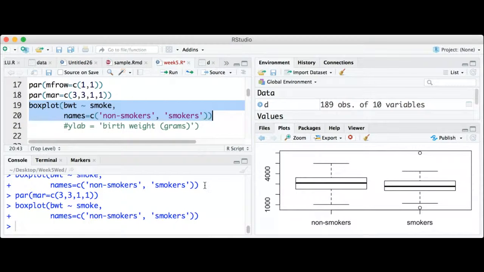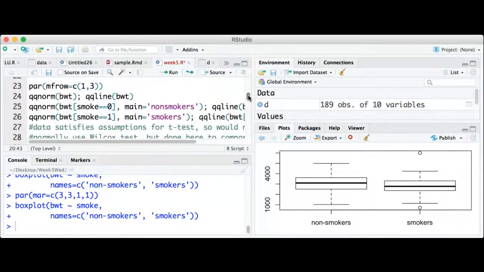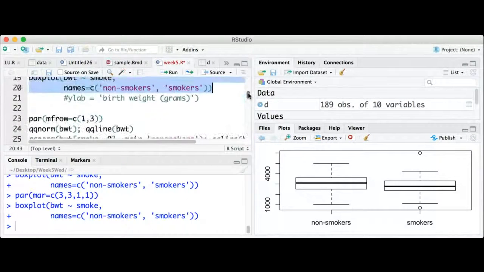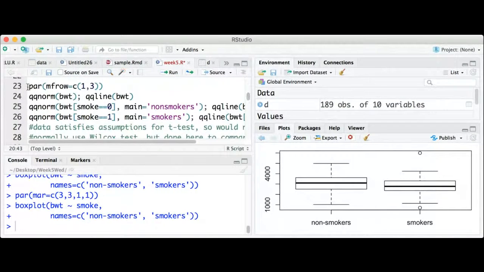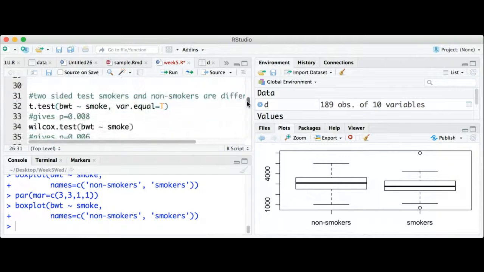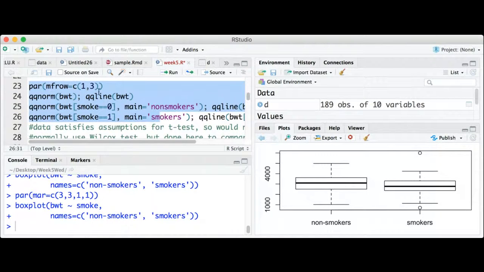Okay, let's continue on. So we looked at that assumption. The other thing to do is to look at a QQ plot.